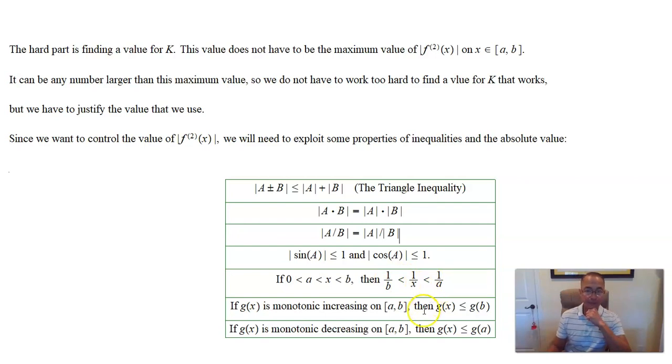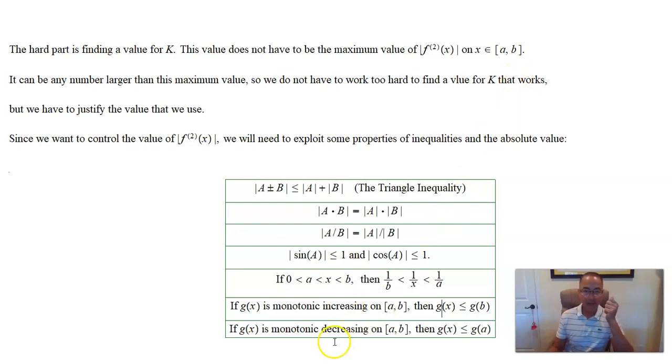Okay? All right, so more generally, if you have a monotonic increasing function on your domain, then the highest value of your function will happen at b. So g of x will be at most g of b for every x in your domain from a to b.